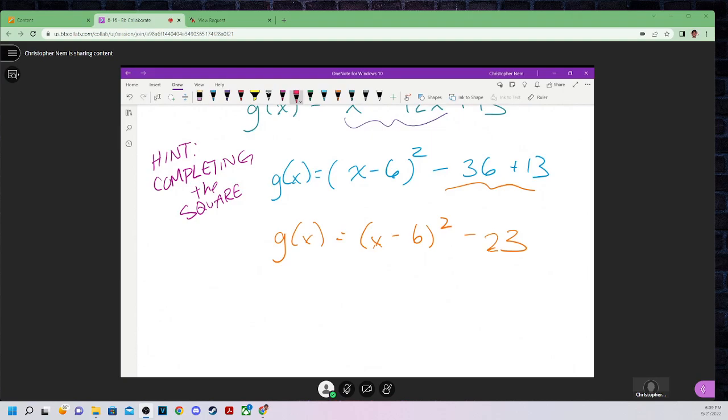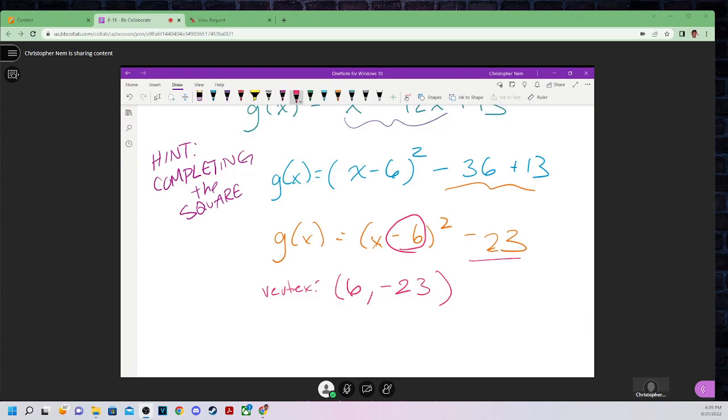Now I can talk about transformations, or I can talk about where the vertex is located. In particular, I have to change the sign of this guy, so instead of minus 6, it becomes plus 6. So we have 6 for the h value, and then we have minus 23 for the k value.